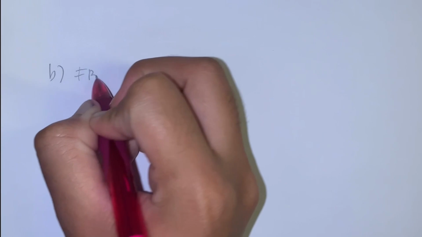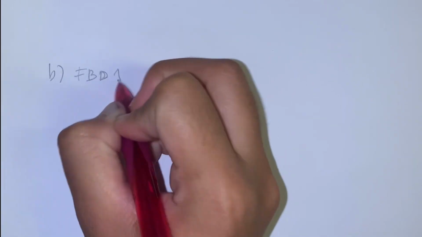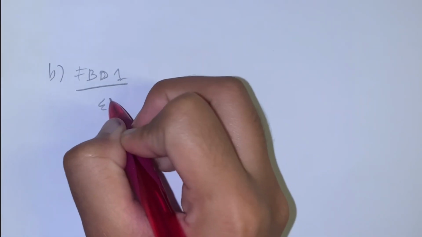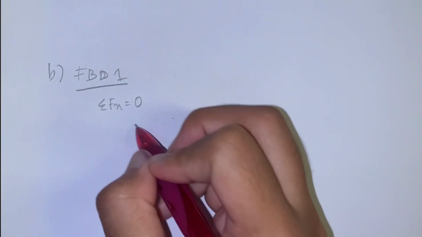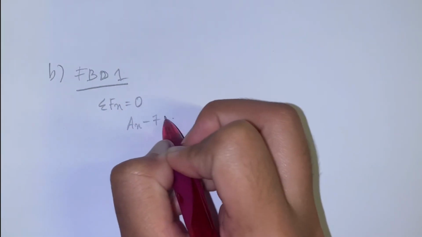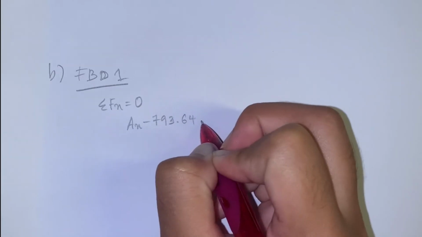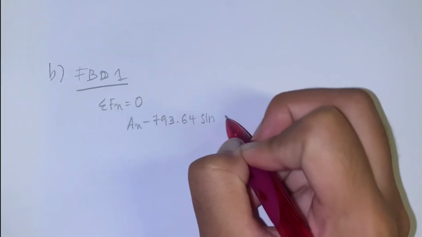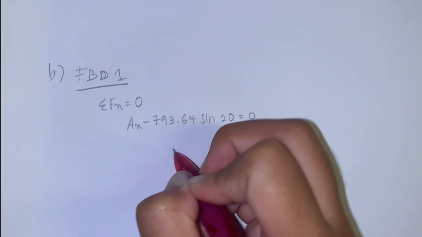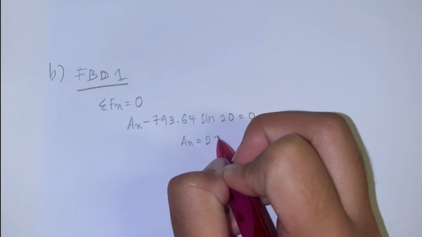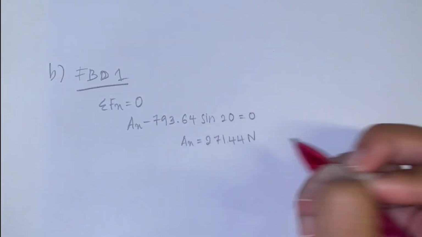So the question B asks the reaction at A. We use FBD 1. So sum of Fx equal to 0. That means Ax minus 793.64 sine 20 equal to 0. And Ax equal to 271.44 Newton.